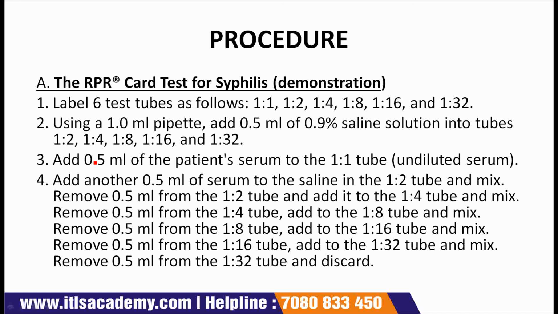After addition of undiluted serum, add another 0.5 ml of serum to the saline in the 1:2 tube and mix. Remove 0.5 ml from the 1:2 tube and add it to the 1:4 tube and mix.